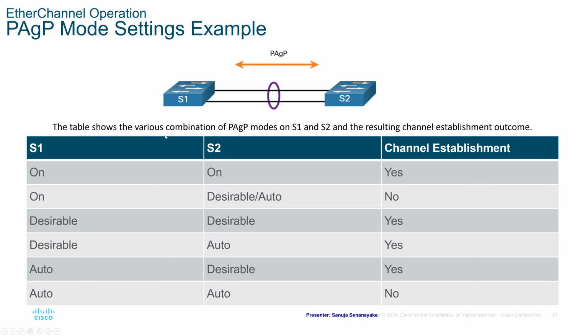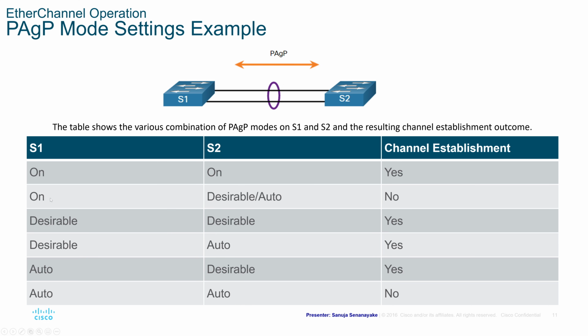This table shows various combinations of PAgP modes on switch 1 and switch 2 and the resulting channel establishment outcome. If switch 1 is on and the switch 2 port is on, the channel will establish because they are both on. They are compatible.